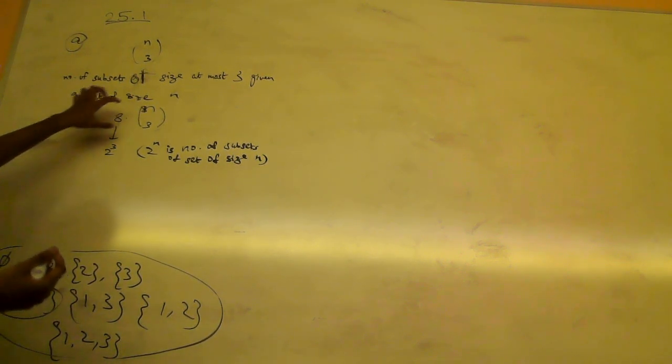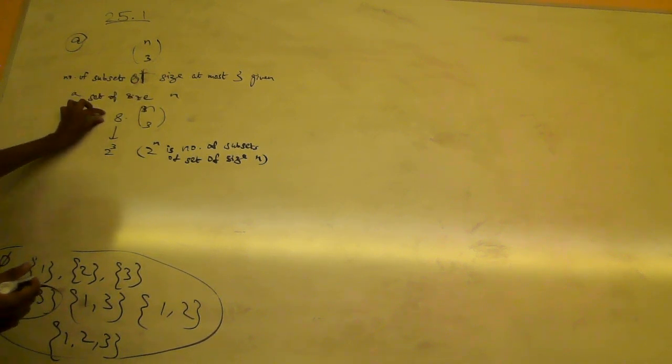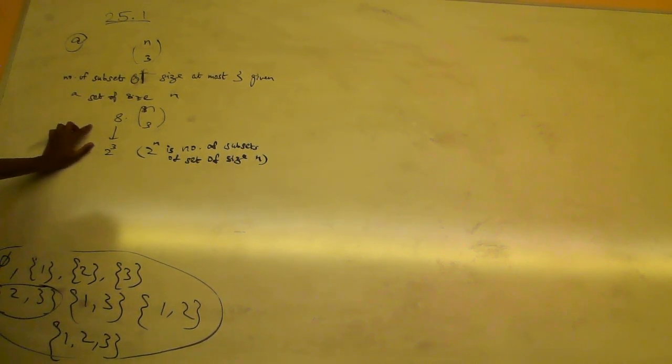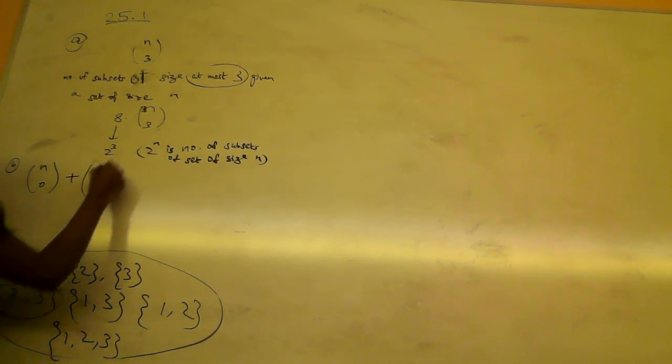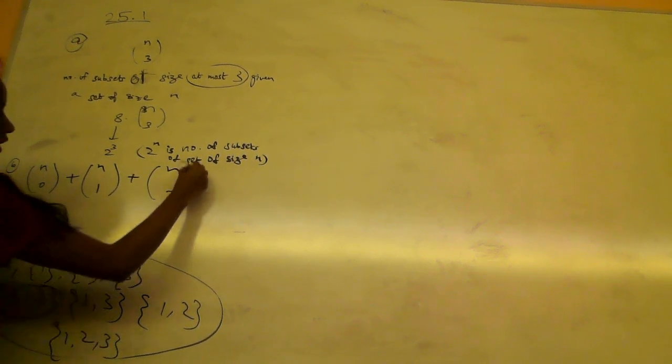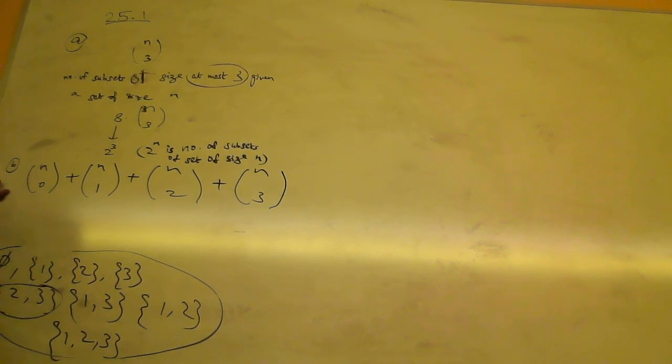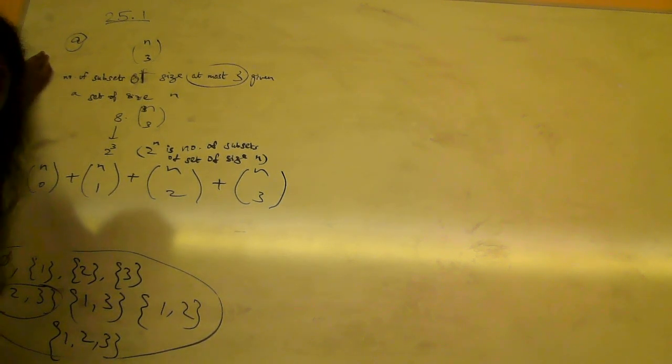Since he's multiplying each one of these subsets of size 3 by 8 and he's overcounting, the way to correct his approach, since we want to count the number of subsets of size at most 3, would be to count all the subsets of size 0 from n, of size 1, of size 2, and of size 3. This will be the correct answer. And his approach will be overcounting the number of subsets of size at most 3, given a particular set S of size n elements.